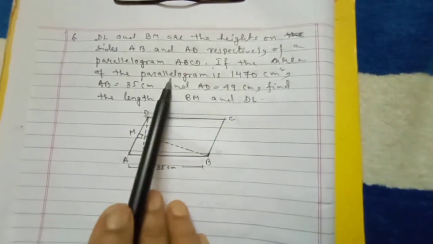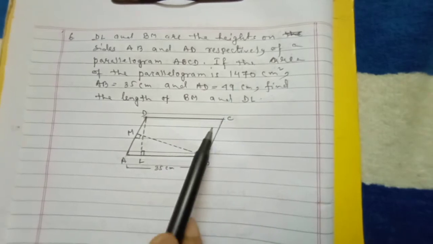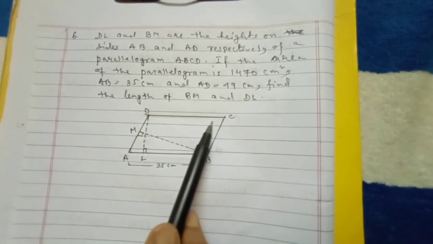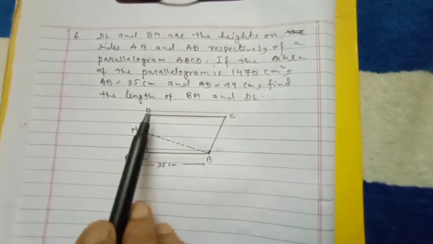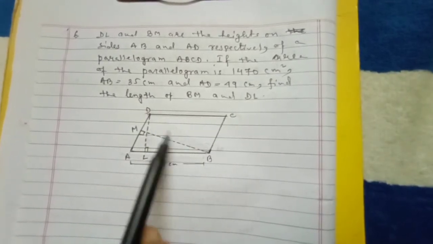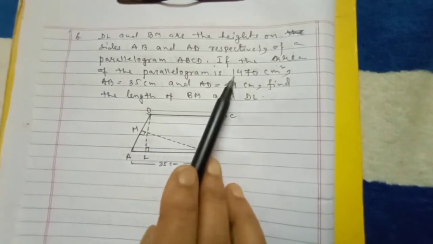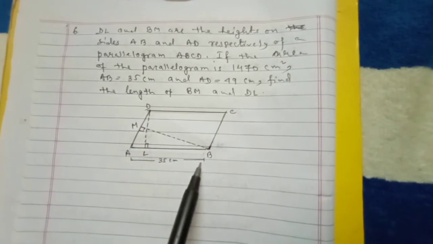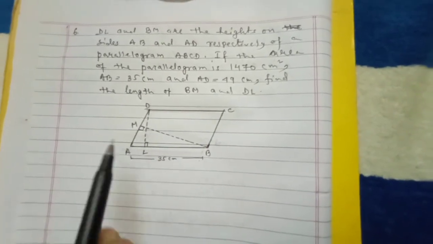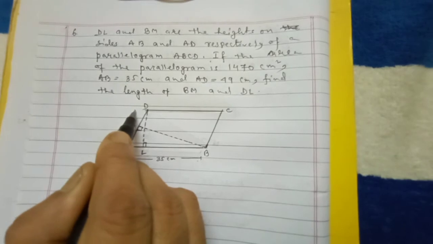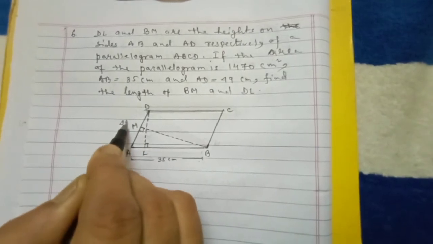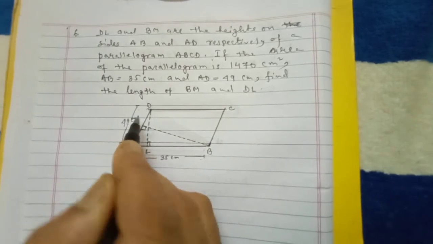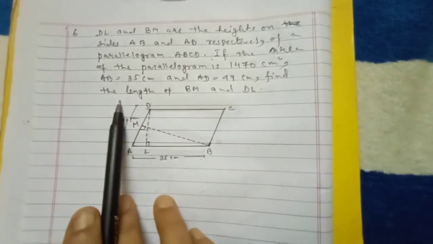If the area of the parallelogram is 1470 centimeter square, here the area means the closed region of the parallelogram ABCD. If AB is equal to 35 centimeter and the length of AD is 49 centimeter, find the lengths of BM and DL.